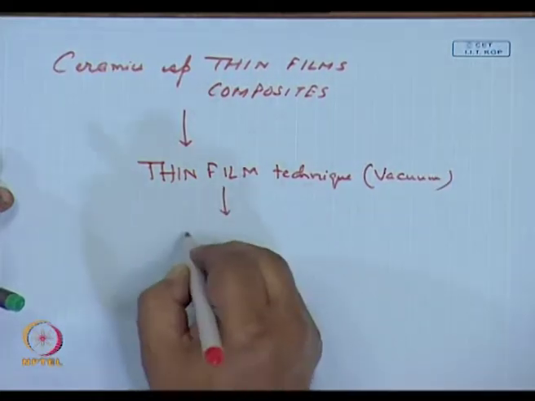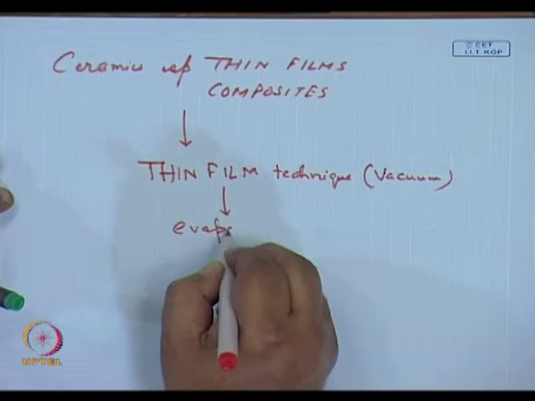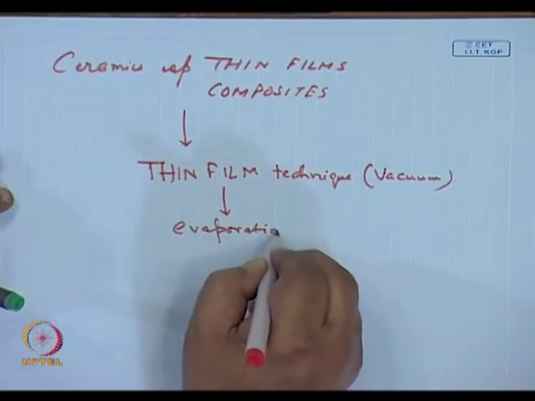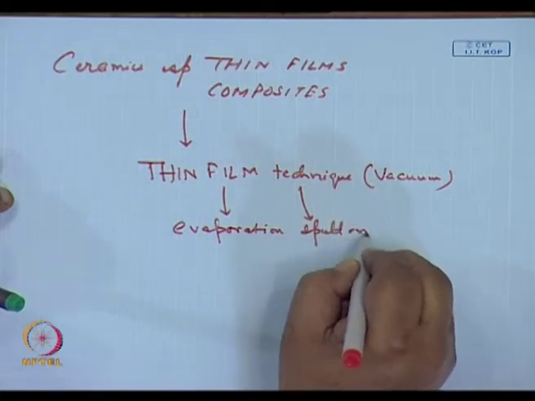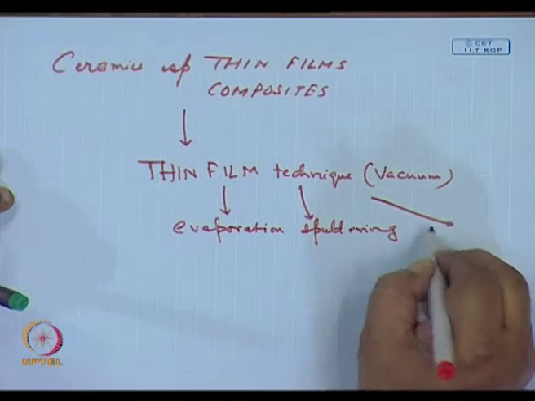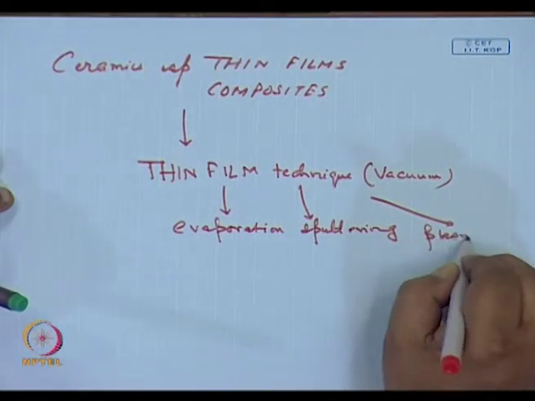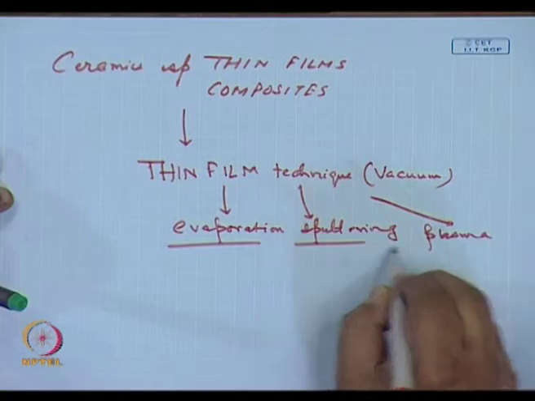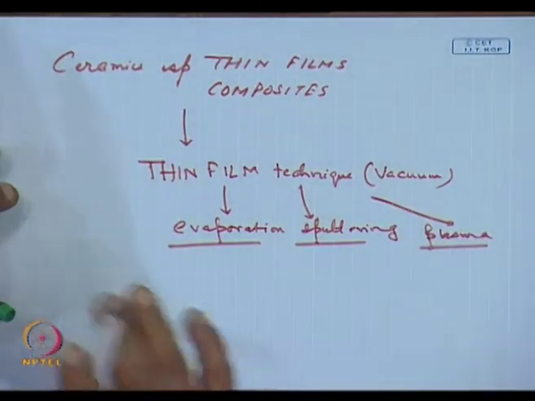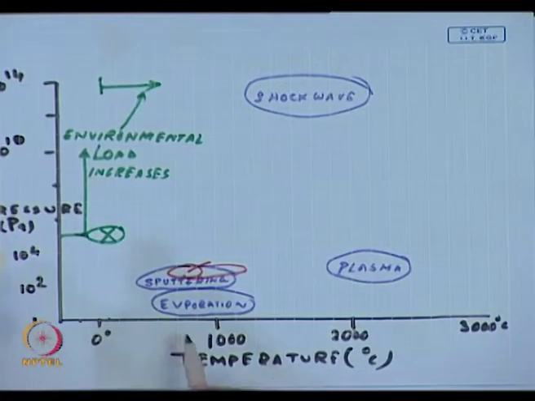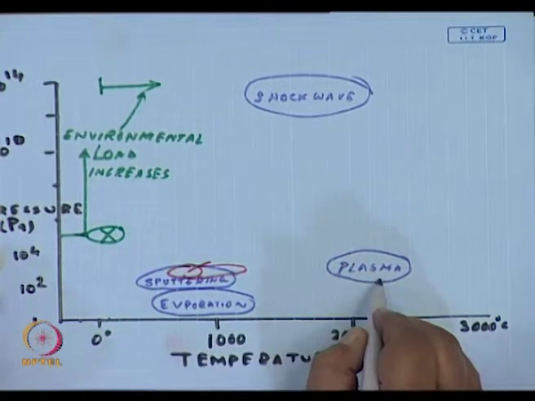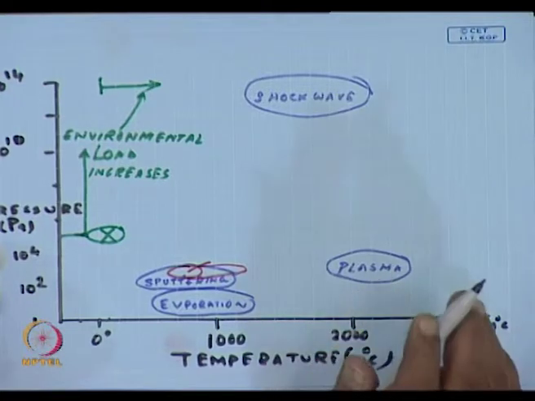This can include evaporation, sputtering, and plasma processes. These are three broad ranges. Evaporation can be done under different conditions, sputtering can be done under different conditions, and so can plasma. Where do they stand? They really load the system, especially the plasma.